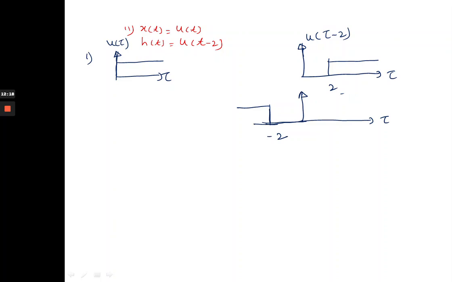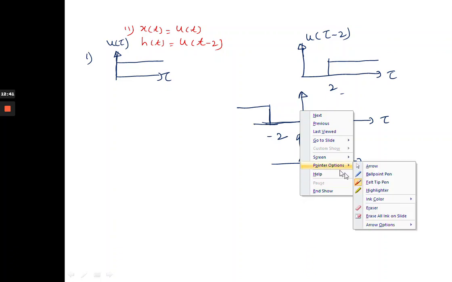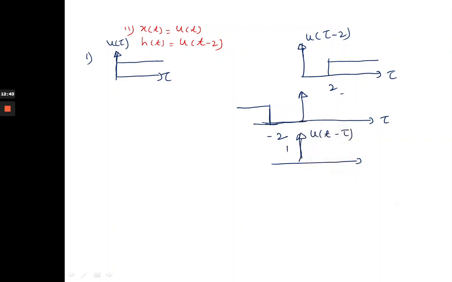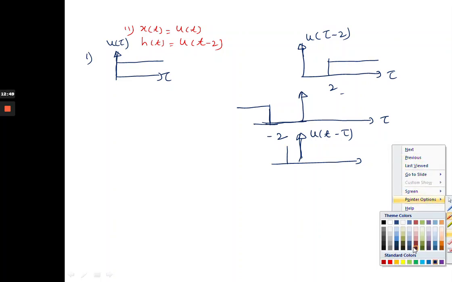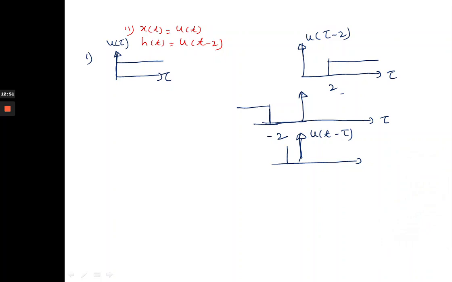Then we will shift this signal by t units, means here this is u of t minus tau, and we will shift this signal for any t. Now this becomes t minus 2.